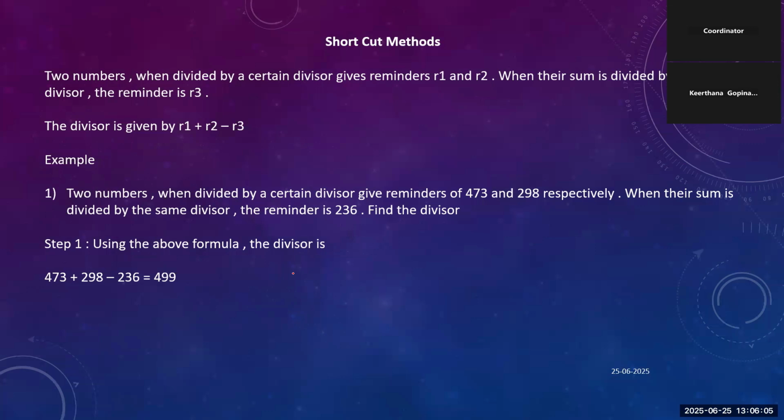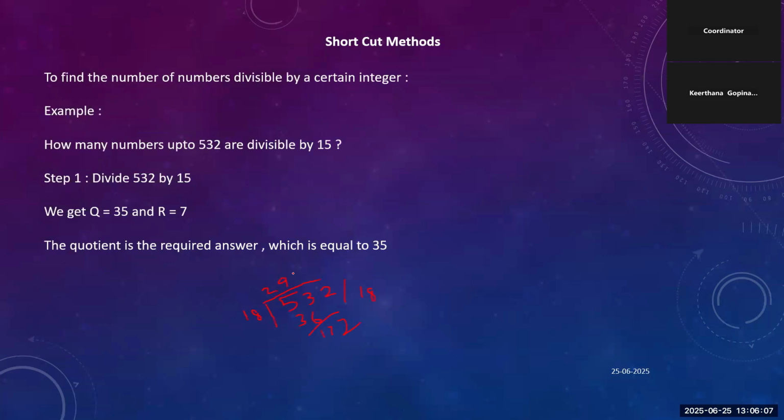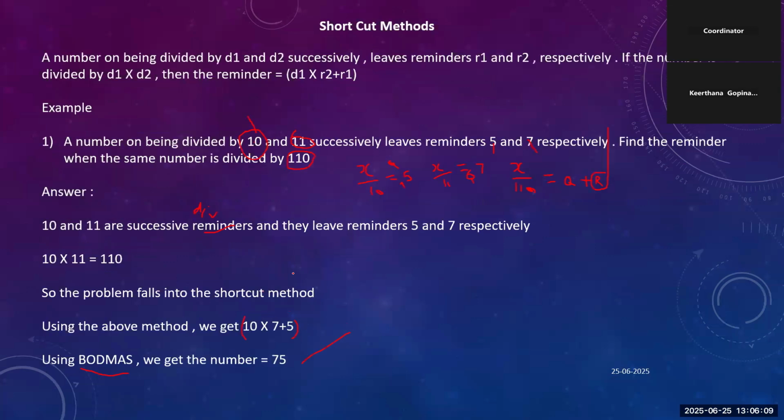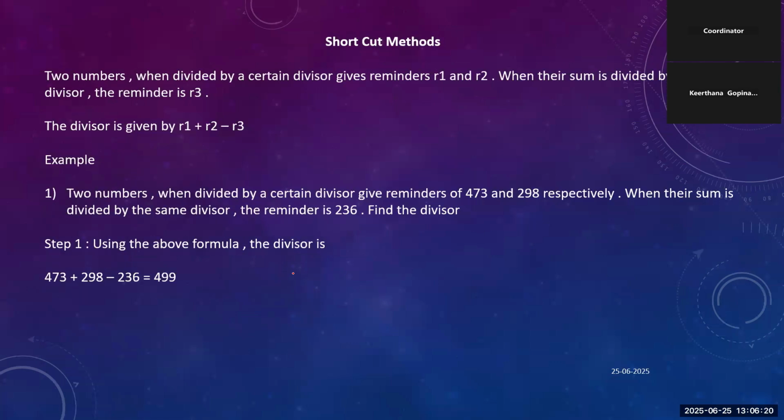The dividend remained the same in the earlier problems. A single number was being divided by two divisors, D1 and D2. In this problem, what we see is two numbers divided by a single divisor.